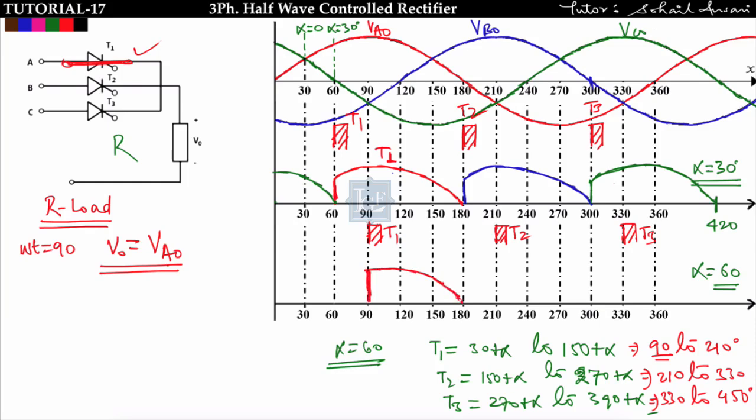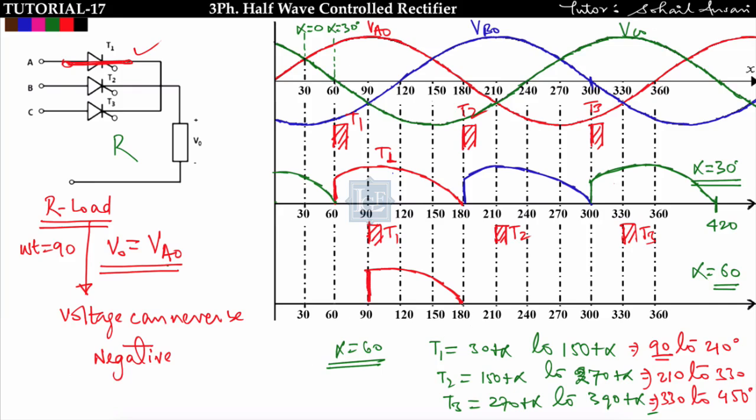Okay. Now see, for R type of load, voltage can never be negative. For R load, the output voltage can never be negative. In all the previous lectures on the single phase rectifier, we have seen that if I consider the R load, then output voltage can never be negative. Output voltage is always positive. Why can output voltage never be negative for R type of load?